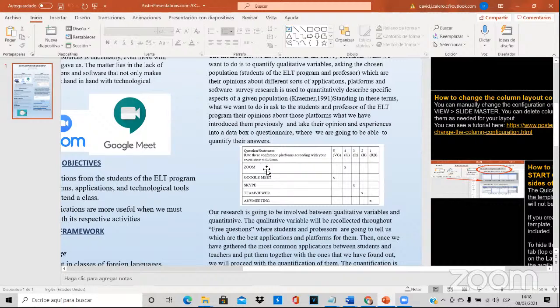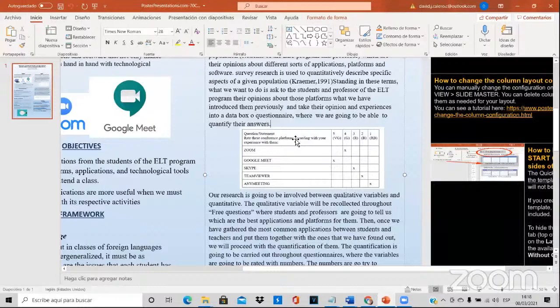So here we have an example of how we want to do the quantification. For example, they rate these conference platforms according to their experience with them. So we have Zoom, Google Meet, Skype, TeamViewer, and AnyMeeting.